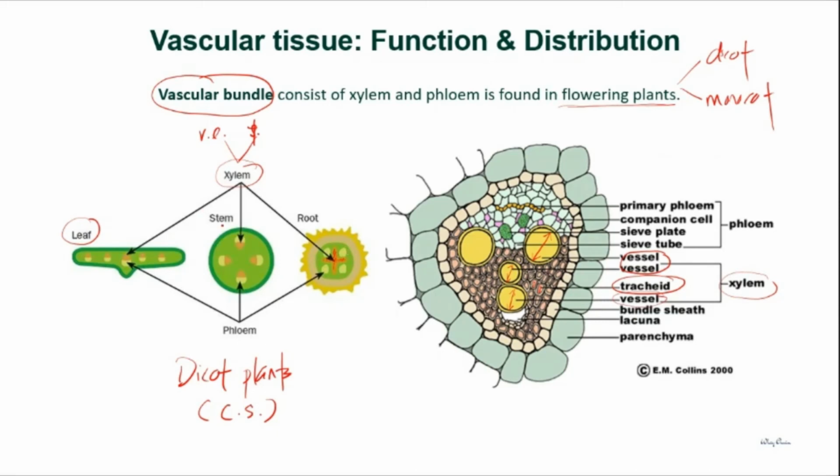Tetapi bila dia masuk ke kawasan stem, when they move on to the stem part, right, we notice that the xylem, the vascular bundle, they will arrange in a ring form. Dia akan susun dalam satu bentuk gelang, iaitu dia dekat dengan tepi stem itu. Kita kata edge.